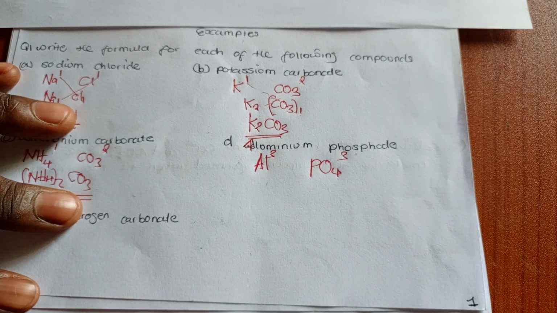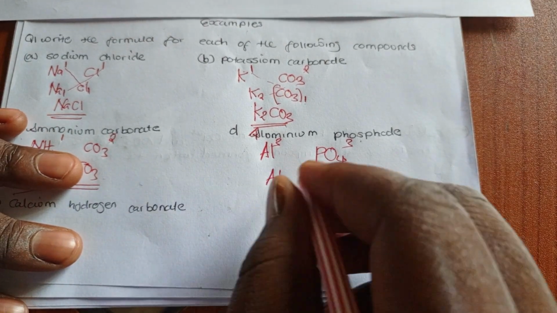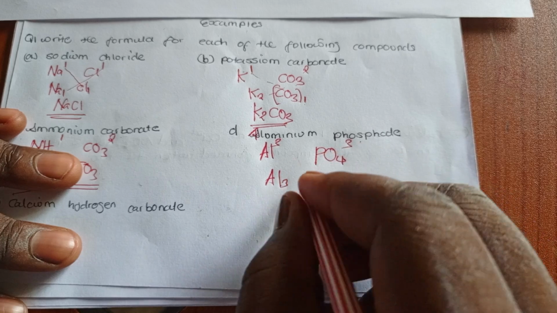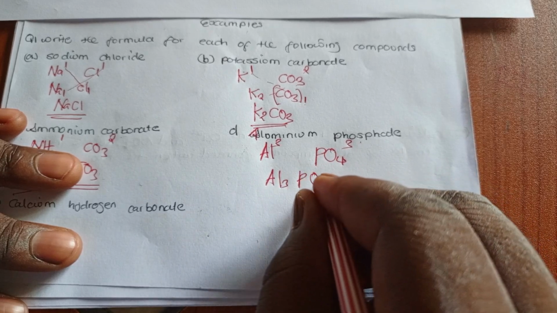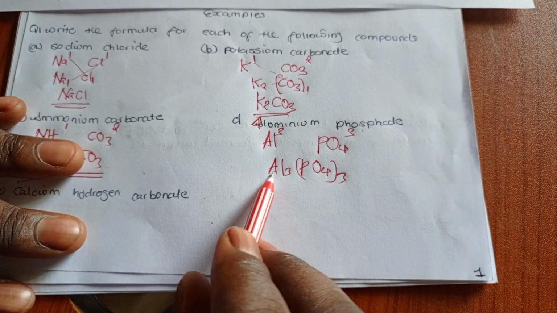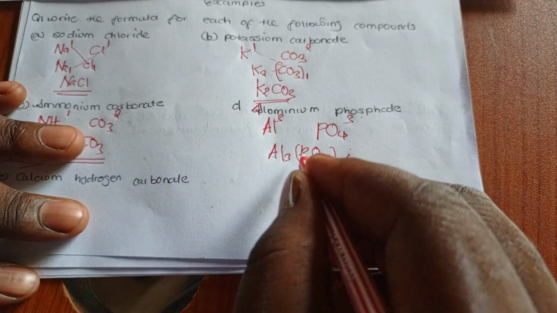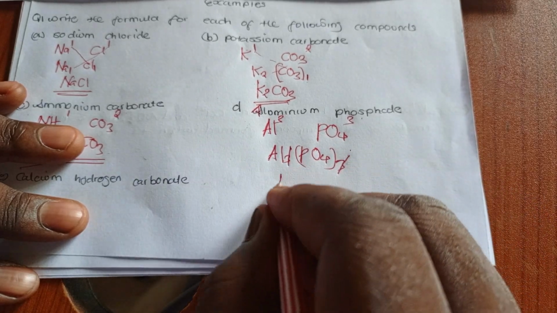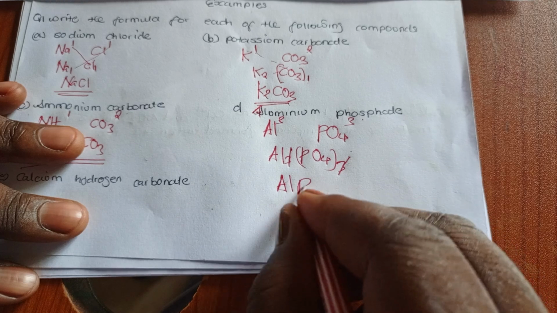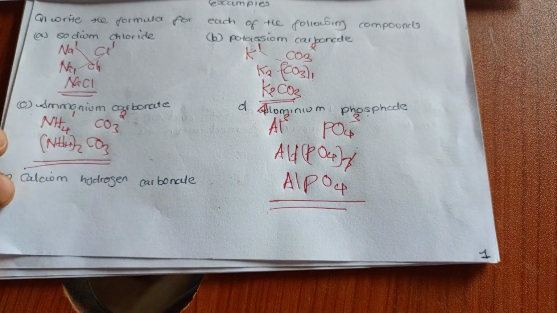Now you swap the valences. So aluminium is going to receive this 3, and phosphate again is going to receive this 3. If the valences are the same, you cancel them. So I'm going to cancel, and we remain with aluminium phosphate like this. This is the formula for aluminium phosphate.